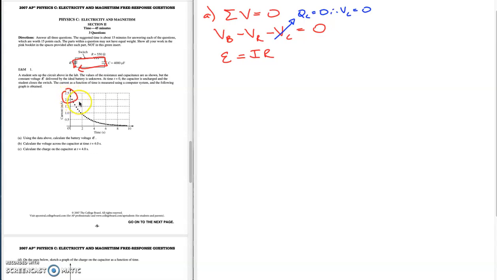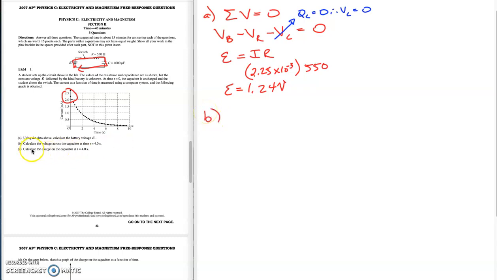If you want to guess 2.20, that might also be fine. So we're going to do 2.25, and it's in milliamps, so times 10 to the negative 3. And the resistance they give us is 550. So the battery voltage that we're going to get out of the data is 1.24. And don't forget volts, because this is a numerical answer.